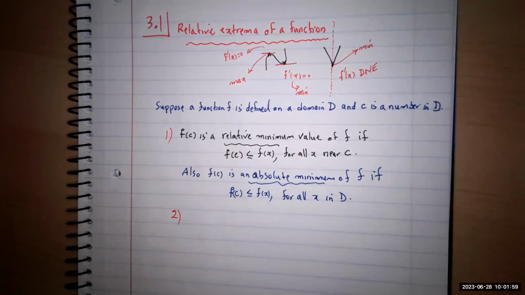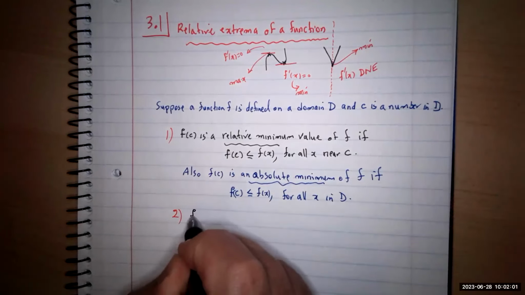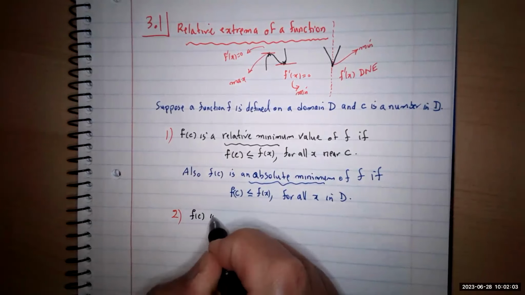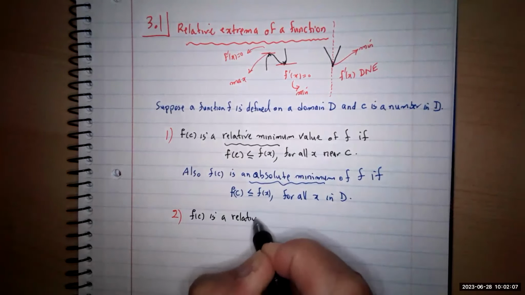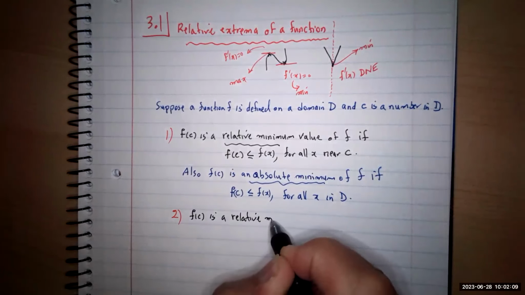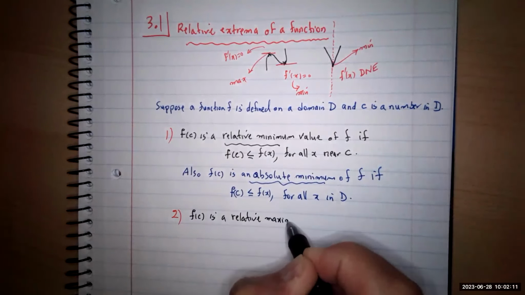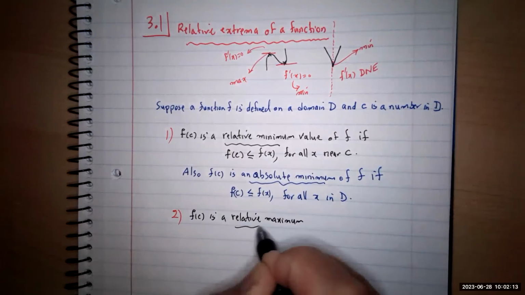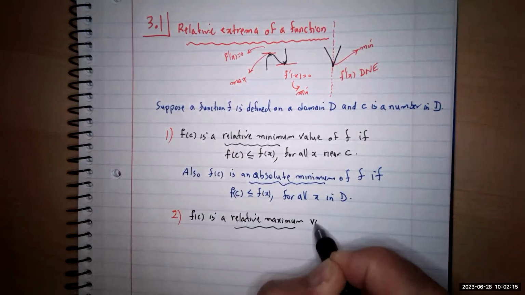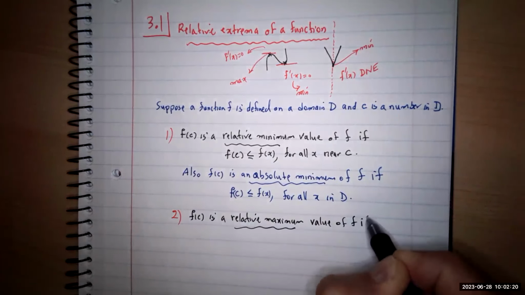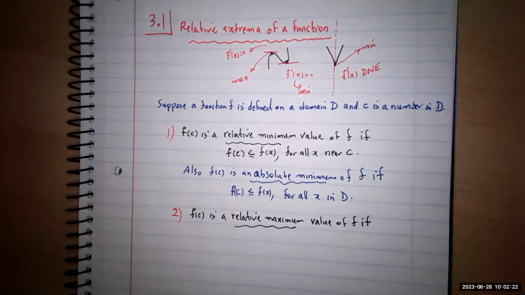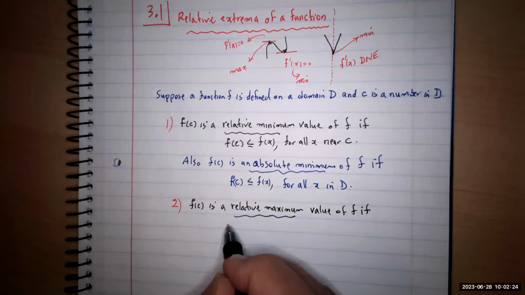We repeat it. f of c is a relative maximum this time. Maximum value of f, if the other way around, it's bigger than anything else.